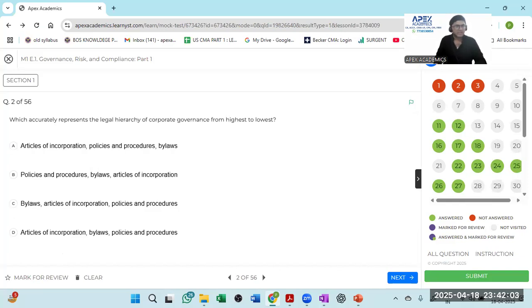Which accurately represents the legal hierarchy of corporate governance from highest to lowest? What are they asking? Articles of incorporation, bylaws, policies, and procedures. So the first rank always goes to articles of incorporation, also known as articles of association.